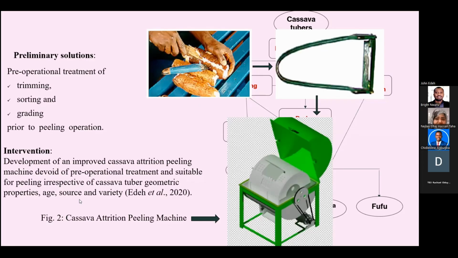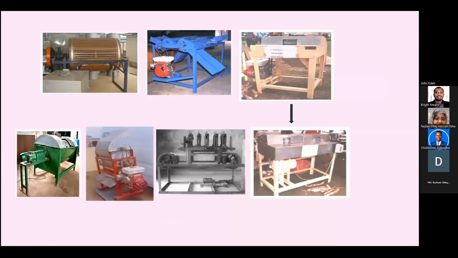And the intervention led to the development of the peeling machine, which you are seeing in green down there. This peeling machine works on the attrition principle, which I am going to explain later. Okay, like I've said, if you look at this picture, one researcher at that time tried to do some serious work in addressing the challenges of irregular shape cassava, which actually limits its peeling mechanization.